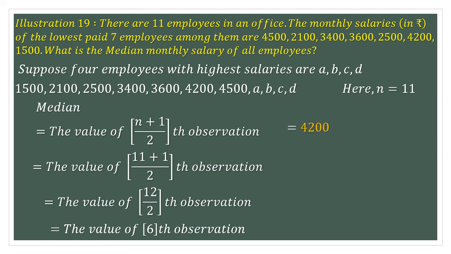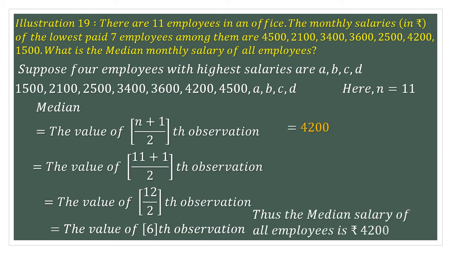So the median monthly salary of all the employees will be rupees 4200. As you can see, we calculated this sum without 4 of the available observations. So that is one of the advantages of the median, that we can calculate the median without all the observations. We just need some of the observations to calculate it.